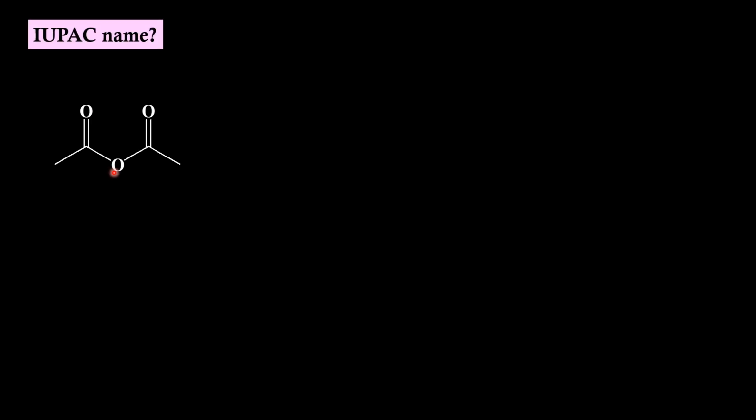It is a symmetrical anhydride because the groups on both sides are the same. While naming the acid part of the anhydride, we use the same set of rules. Two carbon atoms. Here also two carbon atoms. Since both the groups are the same, we just use the term ethanoic once along with anhydride. The IUPAC name will be ethanoic anhydride.